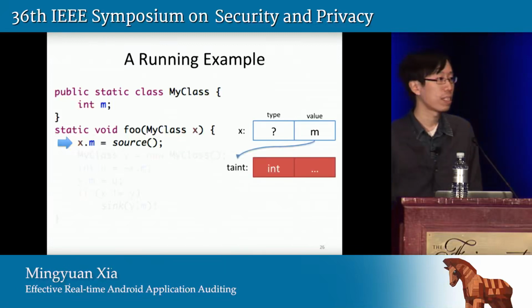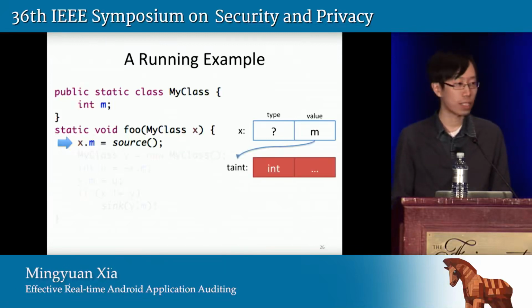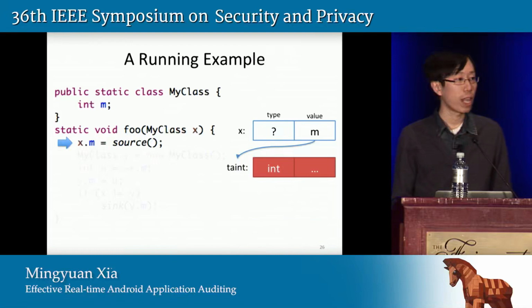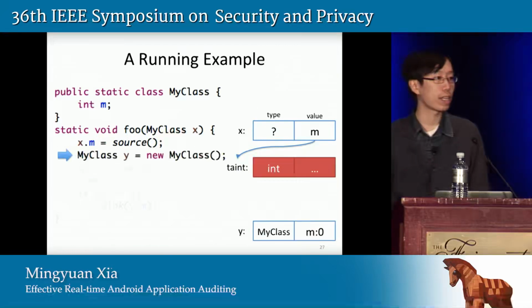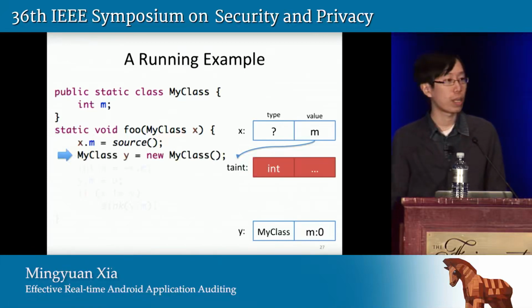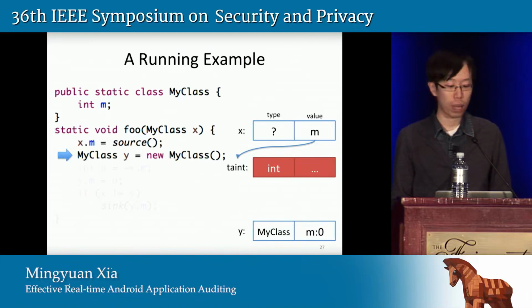And we taint it. It's like a dynamic taint analysis. It's a tainted object that contains your sensitive data. It's assigned to x.m, so m now points to this tainted object. Next, we create a new object y, which we know for sure is of the type MyClass, and we know its field m is for sure 0.